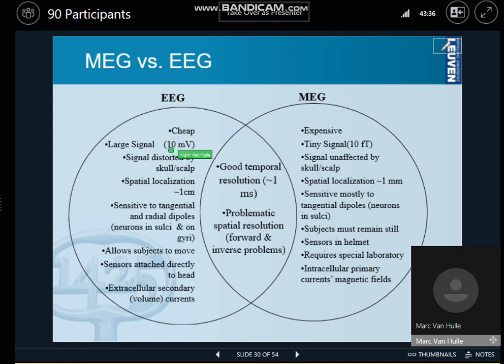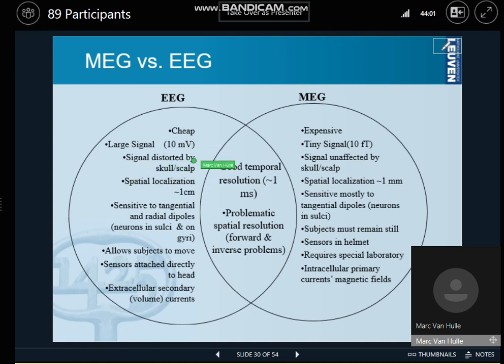The signal of EEG is said to be large, but that's only for alpha. If you go down to event-related potentials, then it becomes in the microvolt range, so it could be very, very small. But that's not the case with MEG. We are here on the order of femtotesla, 10 to the minus 15, extremely small stuff.